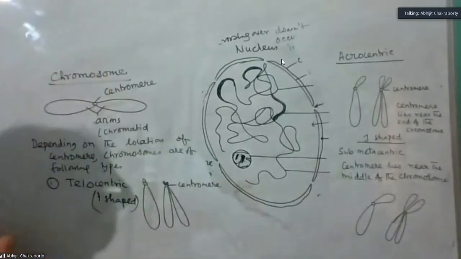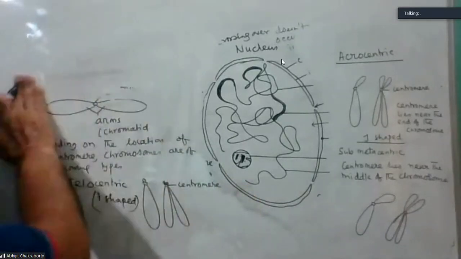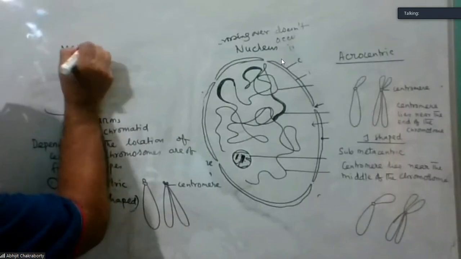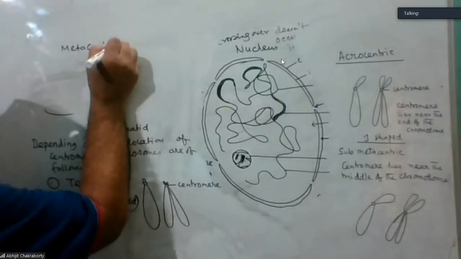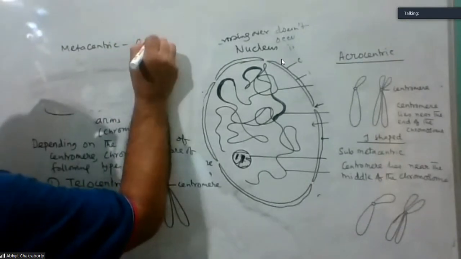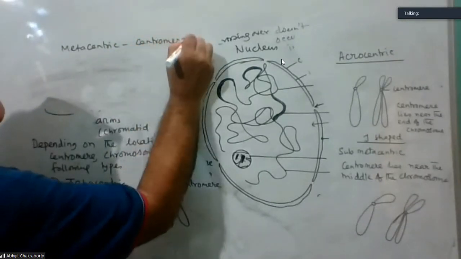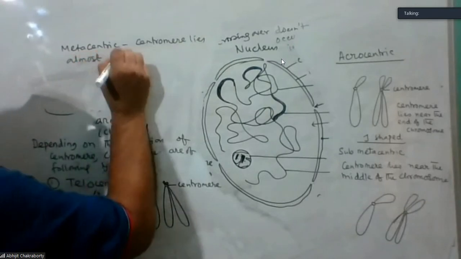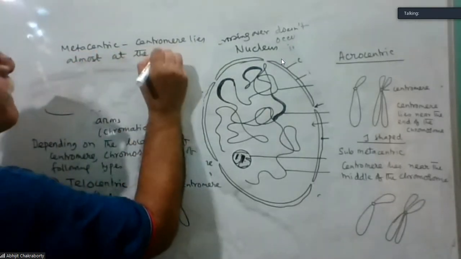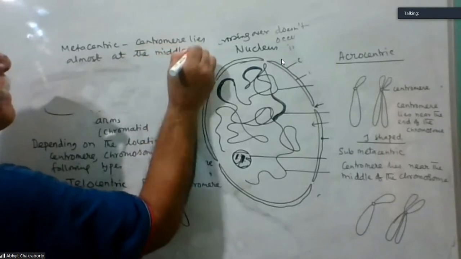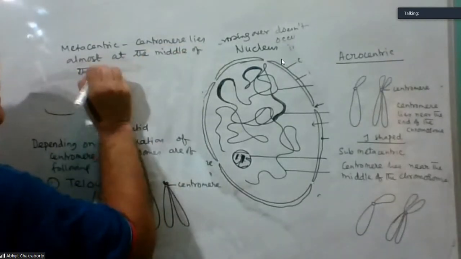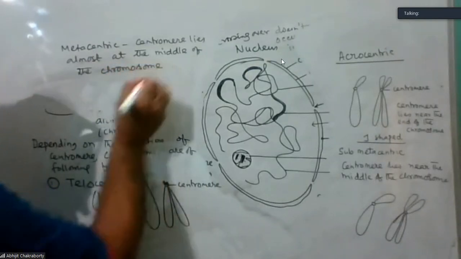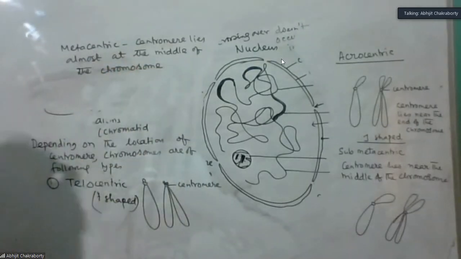After submetacentric, the last one is metacentric: the centromere lies almost at the middle of the chromosome.